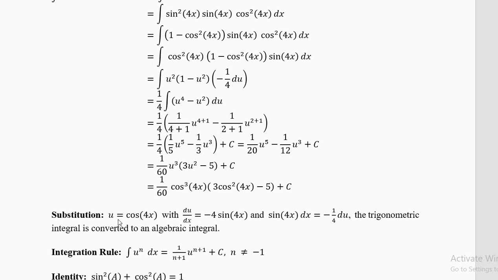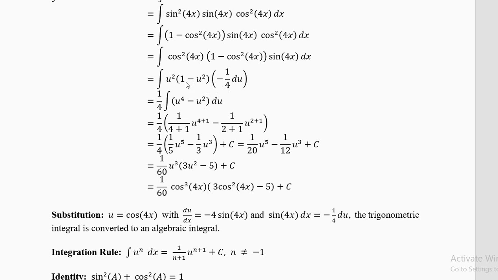So make the substitution u equal to cosine 4x. Now you will get u square into 1 minus u square bracket. Now how much is dx? Now sine 4x dx is minus 1 over 4 du. So you will get u square into 1 minus u square into bracket minus 1 over 4 du.